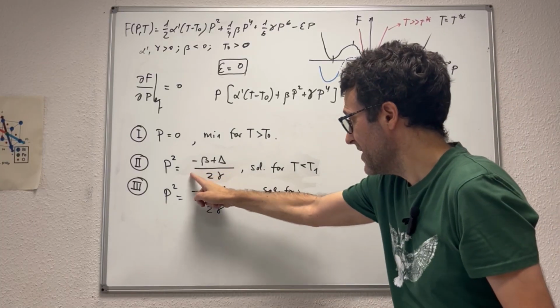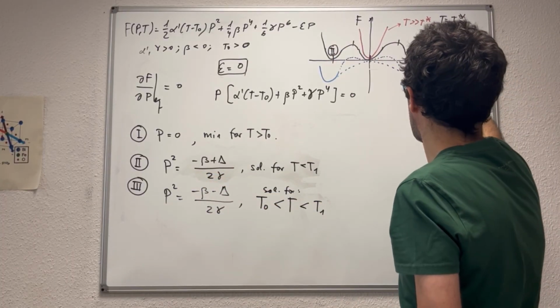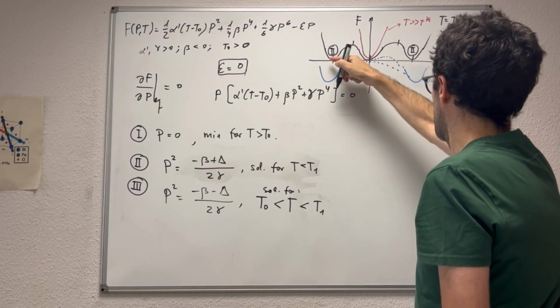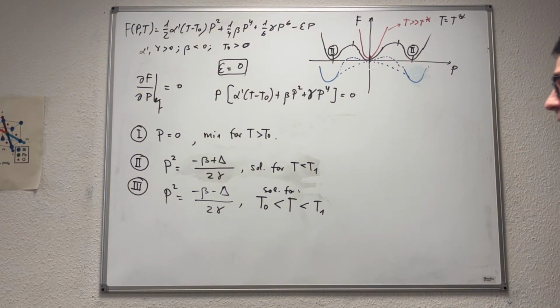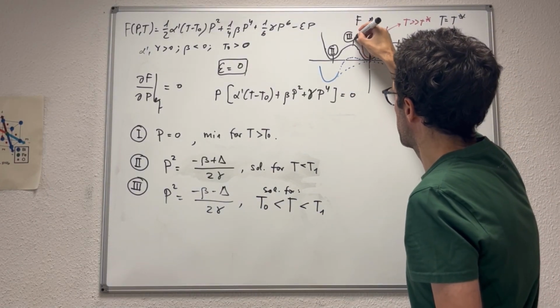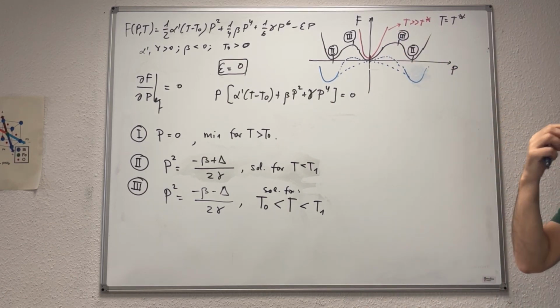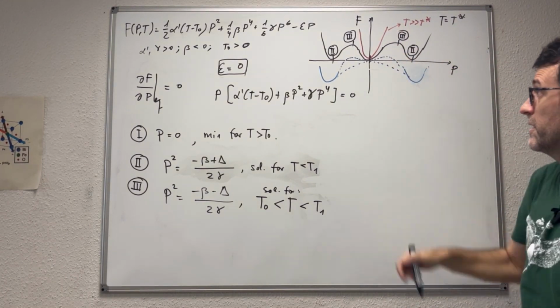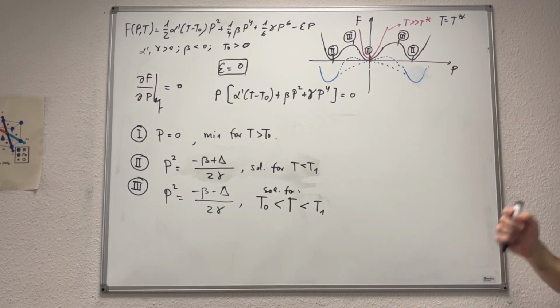So solution number 2 has to correspond to the equilibrium point that has a bigger polarization in magnitude, and solution number 3 must correspond to the equilibrium points that have a finite polarization but smaller in magnitude. And of course, solution number 1 is at 0.